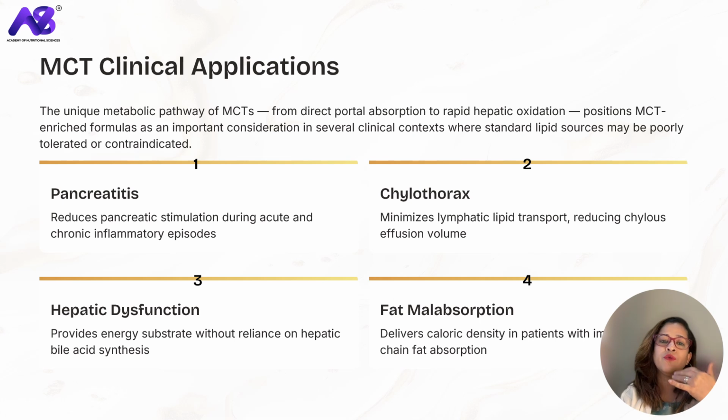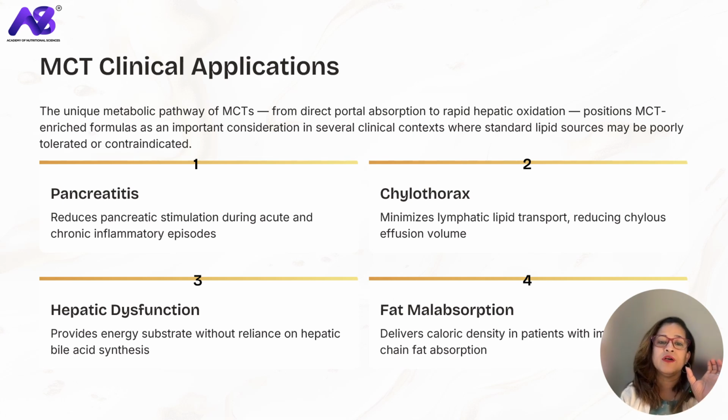Also, when you're talking about chylothorax, where there is lymphatic fluid that is rich in fats, a chyle leak, which accumulates, in these situations also, when you want to bypass the lymphatic transport system, you can use MCT as a source of fat and energy. Hepatic dysfunction, patients with liver diseases, bile production and fat metabolism impairment, they too can benefit.